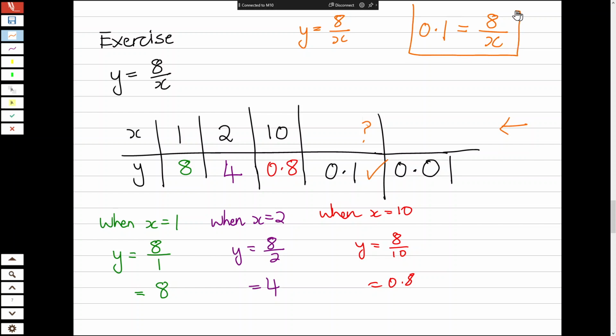This is your first step. You need to set up this equation. Okay? So if you can set up this equation, that's half the work done. The rest is just algebra. Now, I know I say just algebra. It's algebra that you can do with some practice. But I think the hardest part is actually just setting this up.